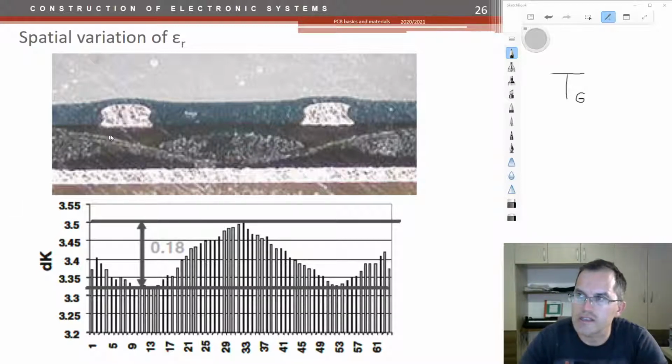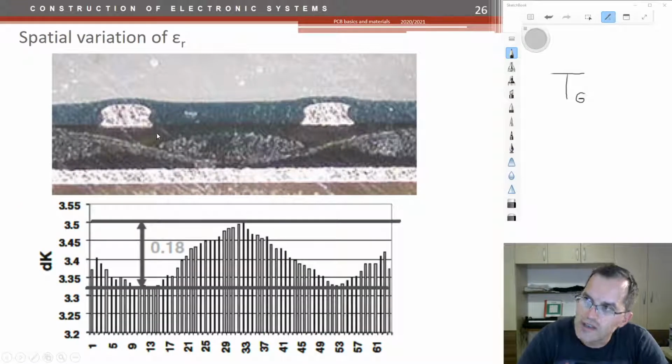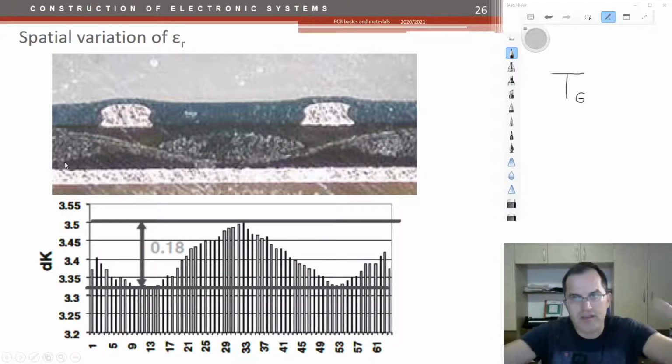Here is the glass fiber, and if the track is just next to it, it will have more epoxy resin than here. So the dielectric constant also changes spatially because of the wavy nature of the glass fiber.